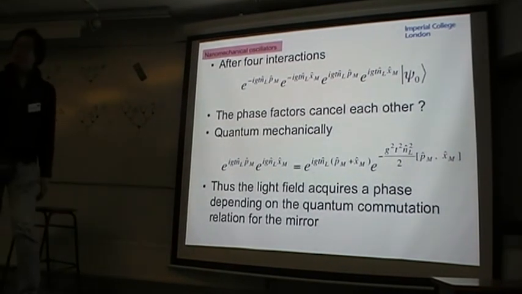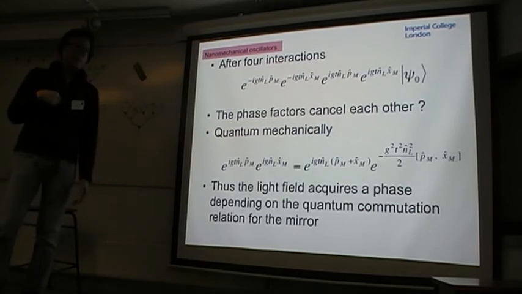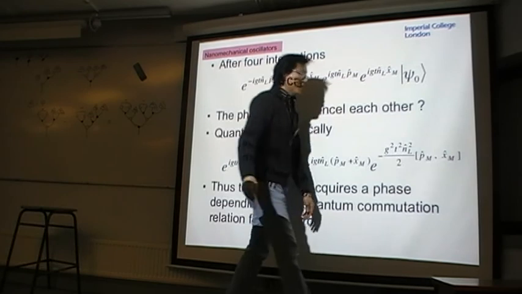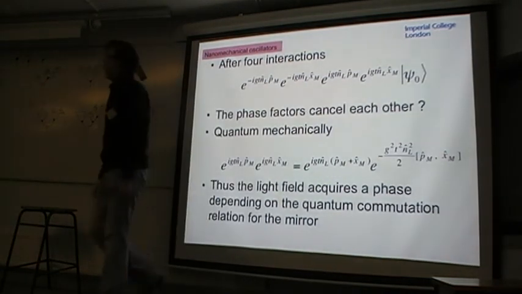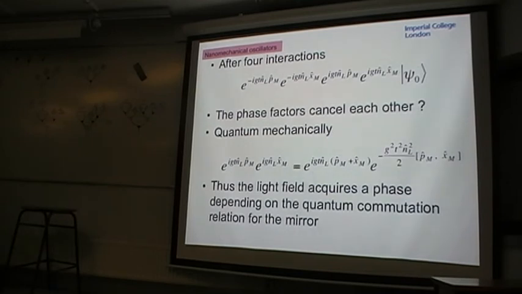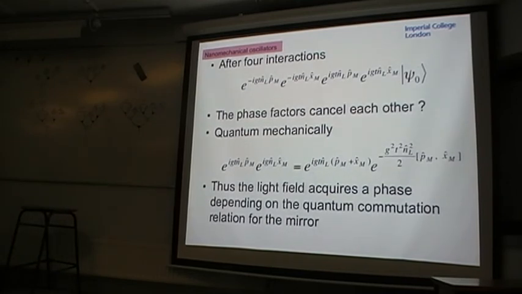So by measuring the phase change of the outgoing light field, you will measure the value of the commutator. That's the whole scenario. And because it is a massive particle, we can do quite a lot, and that part will be continued in other talks, I hope.